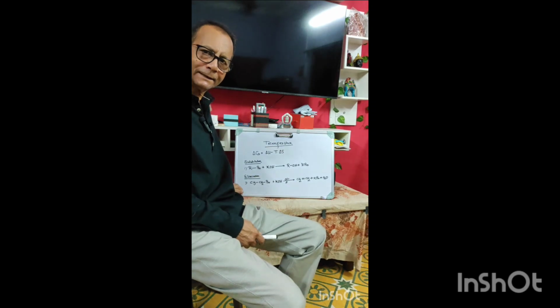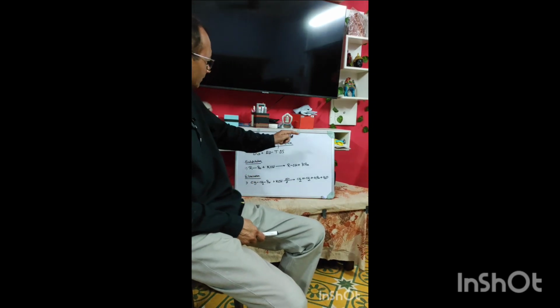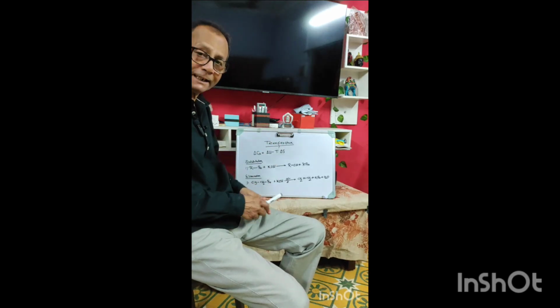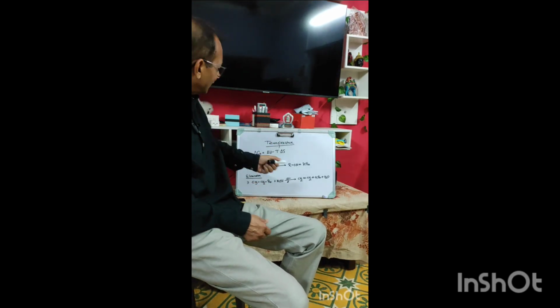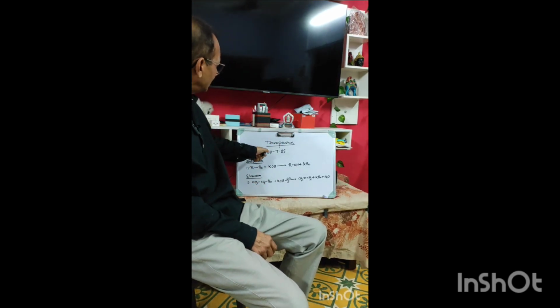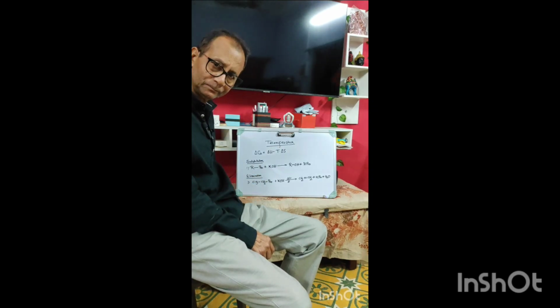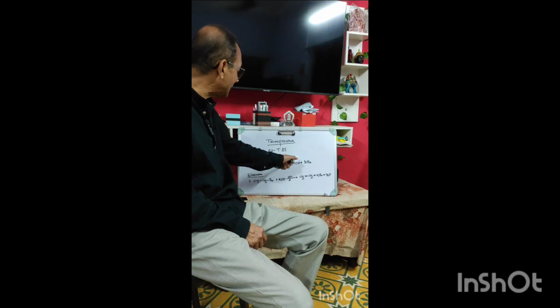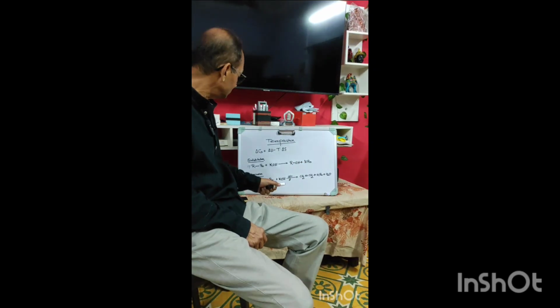Now we will discuss the effect of temperature on this substitution and elimination reaction. See, we know the standard formula: delta G equals delta H minus T into delta S. Now in a substitution reaction, an alkyl bromide reacts with aqueous KOH to produce alcohol and potassium bromide.